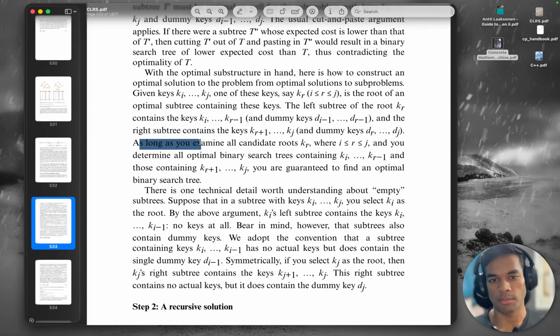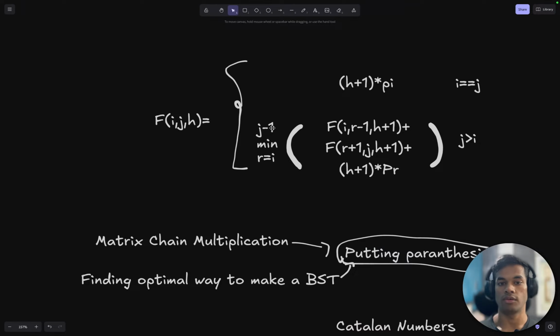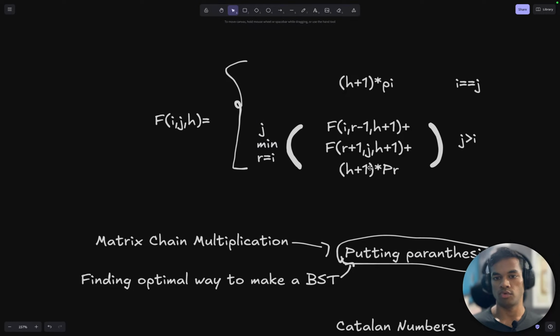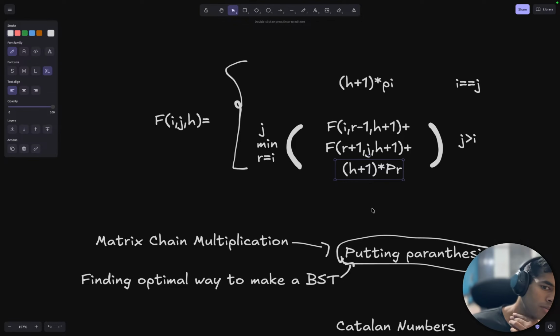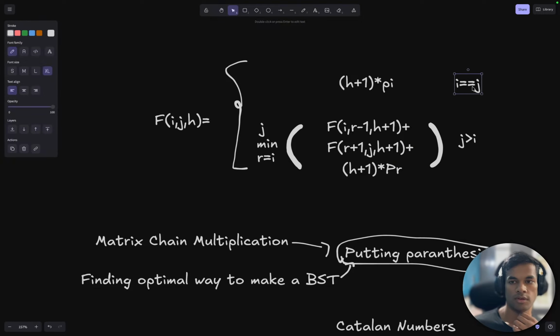As long as you examine all candidate roots kr where i is less than or equal to r, and r will go up to j, when we are choosing the last one as our root. Makes sense. But if it does go there, then this r plus 1 does not make a lot of sense.